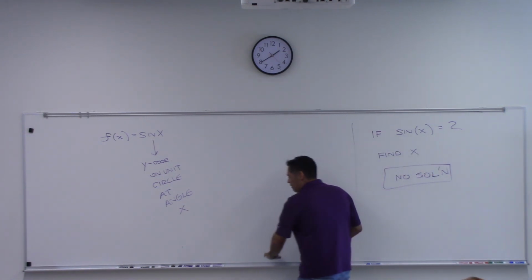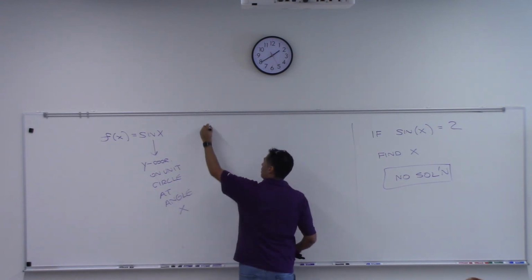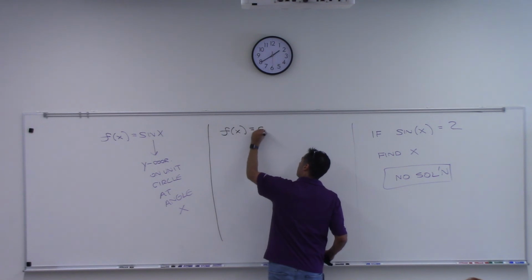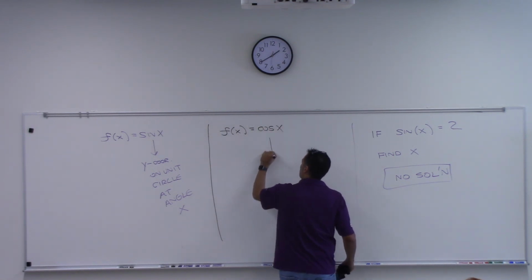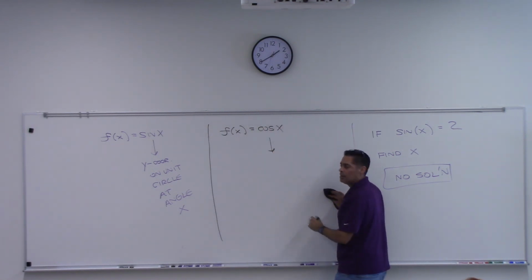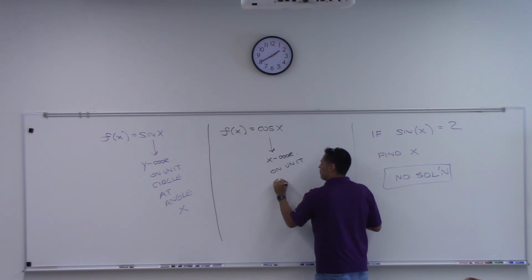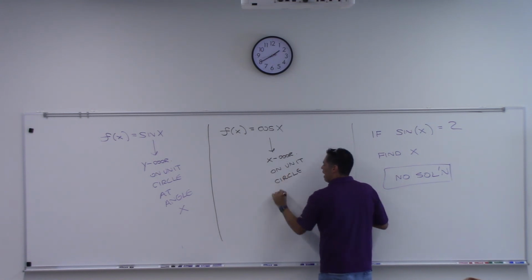So the cosine function, f of x equals cosine x, will give you the what coordinate? The x coordinate on the unit circle at the angle x.